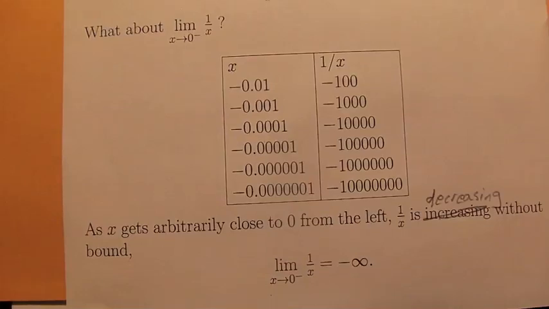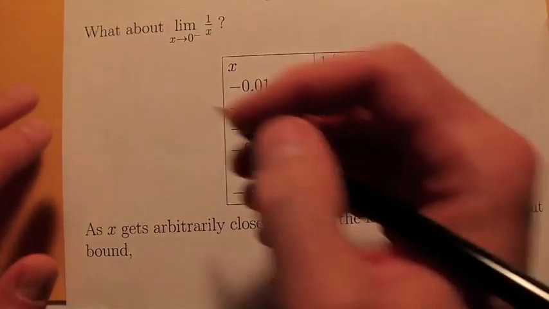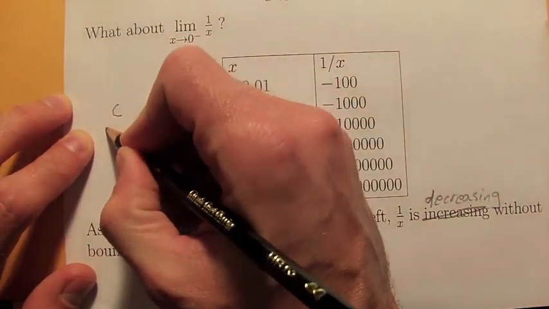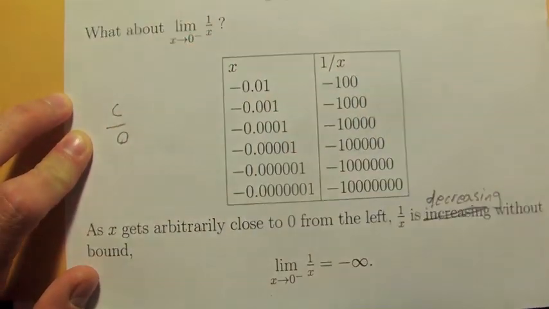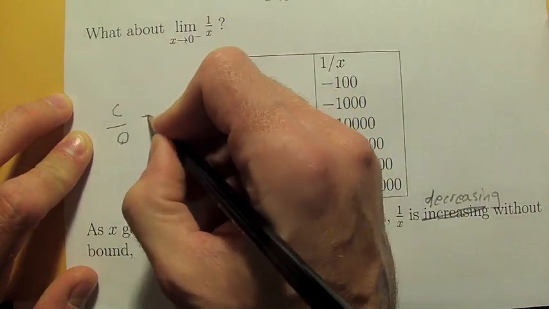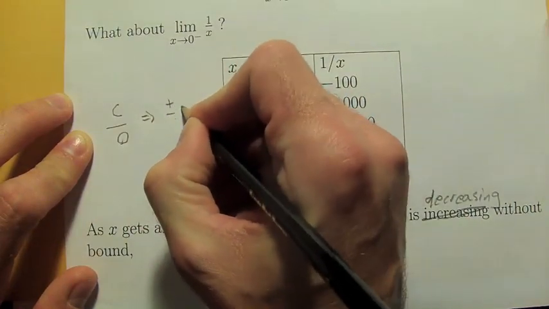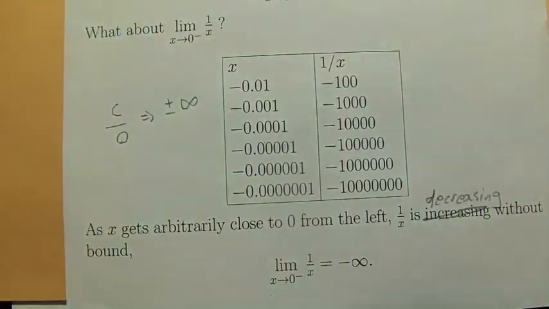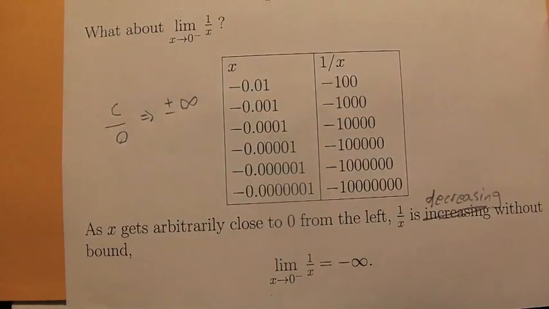So what actually happens, right, when you have a constant over 0, it's basically always going to give you a plus or minus infinity, right? That's a blow-up point of some kind. Because a 0 over 0, things could actually cancel. But 1 over 0 or 10 over 0, things aren't canceling if it's in its most simplified form, meaning that it has to be a blow-up point.